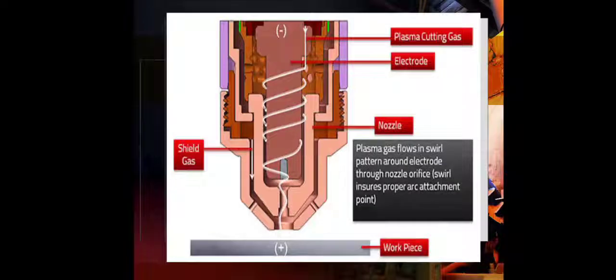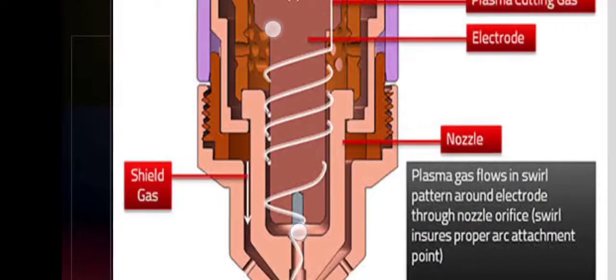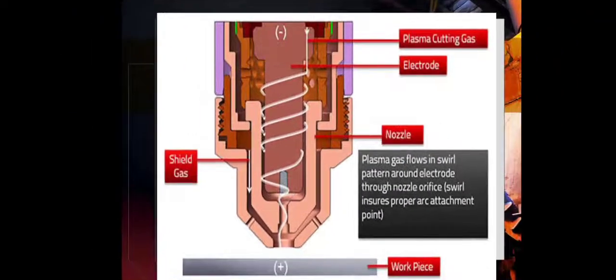All right, so this is the process of plasma cutting. Here at the top is the plasma cutting gas, and this one is the electrode. Here is the shield gas and the nozzle where the plasma gas flows and swirls.